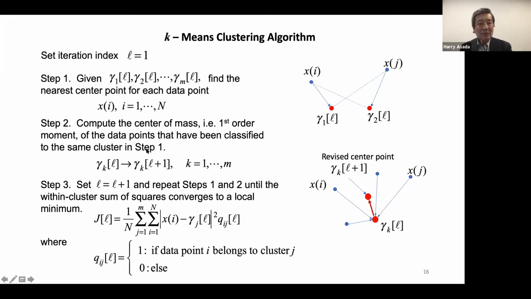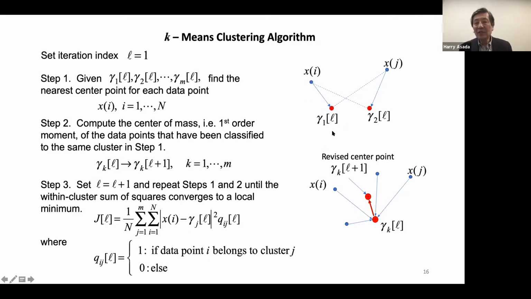So in step 3, we repeat step 1 and step 2 by first increasing l to l+1, and then repeating these two steps, looking at every single point in the data and finding the closest center point.